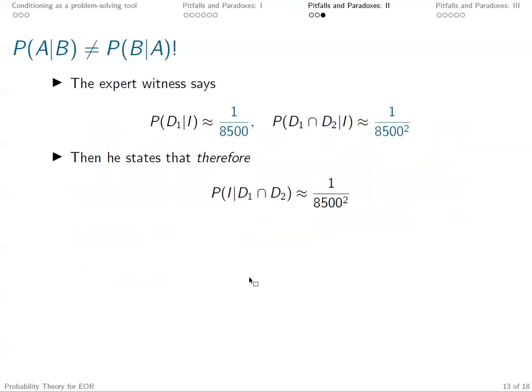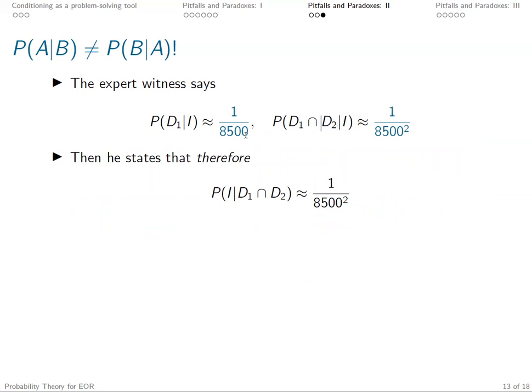Okay, if we translate the story into mathematical formulas, let's denote D1 as the first death due to SIDS, and I as the event that Clark is innocent. And we use D2 to denote the second death due to SIDS.